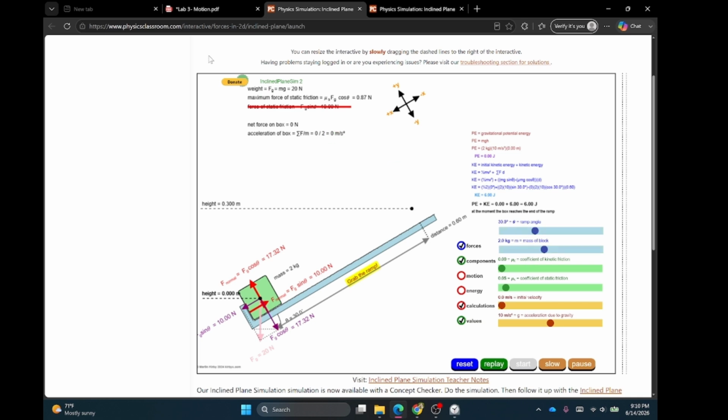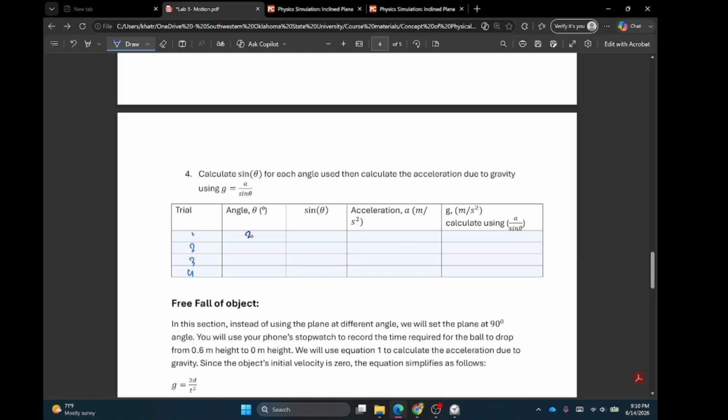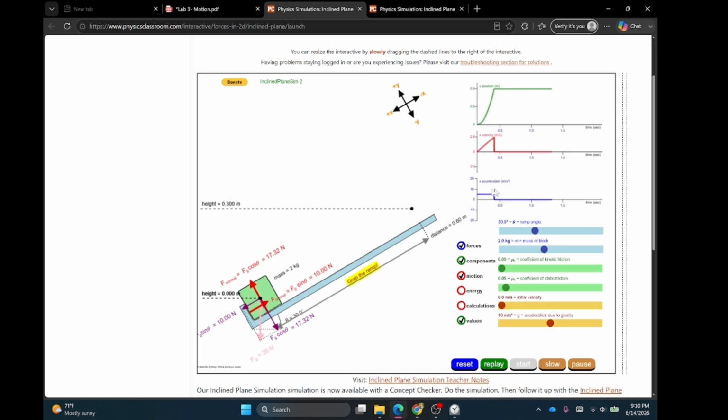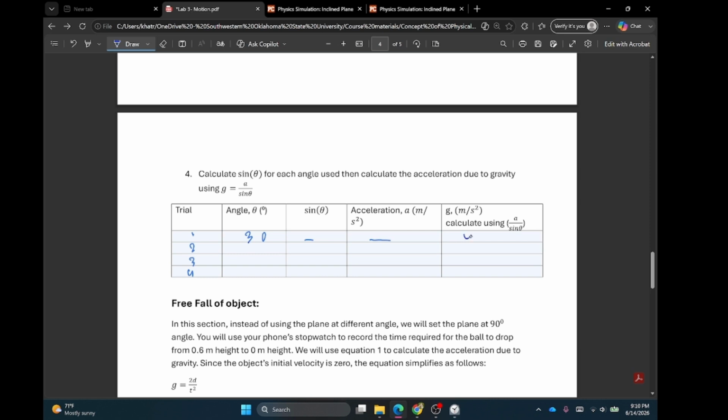Angle is 30. Then you will calculate sine theta. You will use acceleration from here, and then calculate g using these 3 pieces of information and this formula.